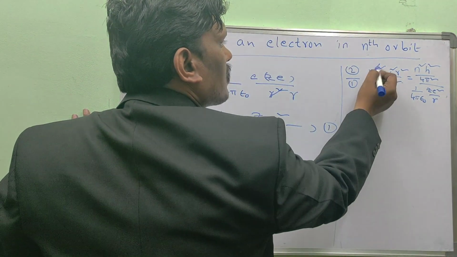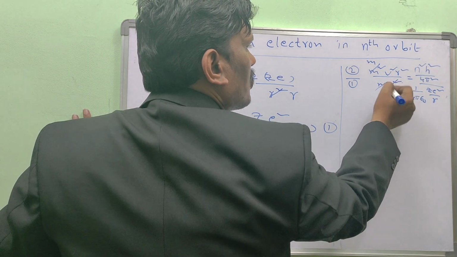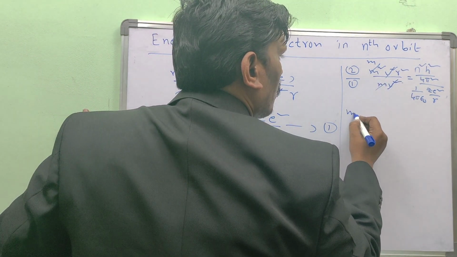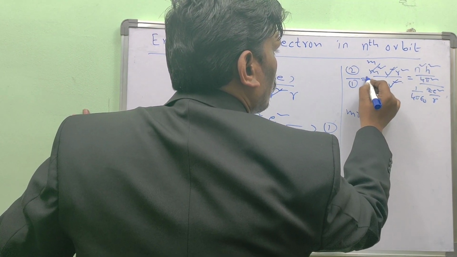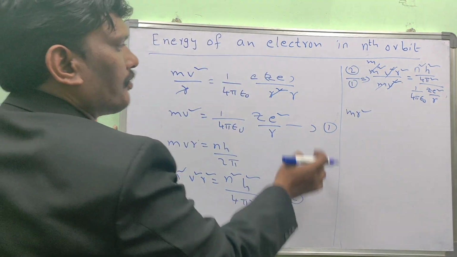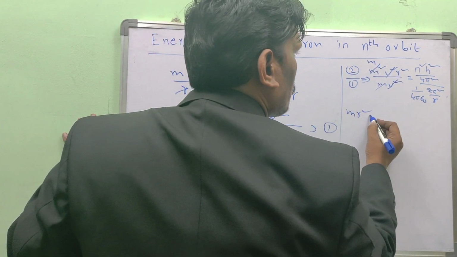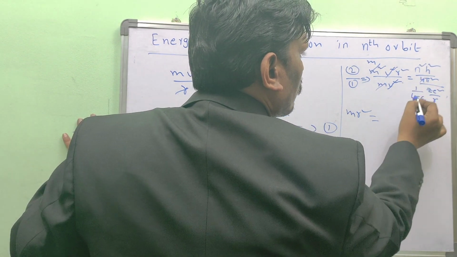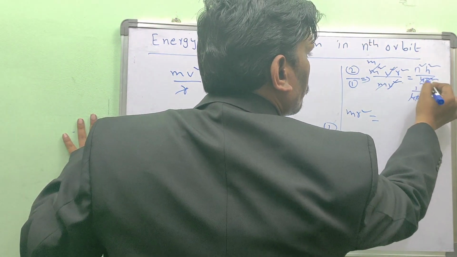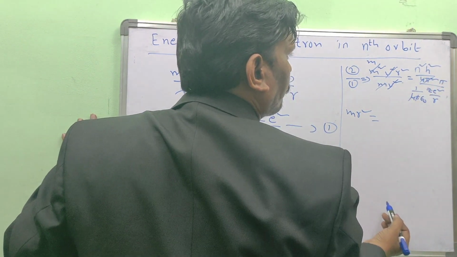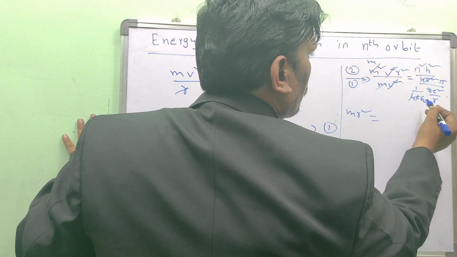Here m gets cancelled, m square by m, v square cancels, and what remains? m r square. So m r square is equal to, let us see, 4 cancels, pi cancels in pi square, and remaining things write down.